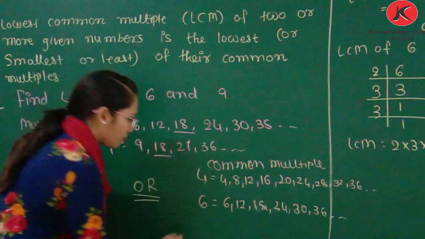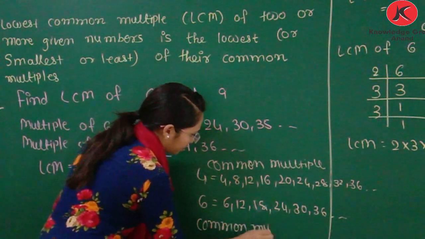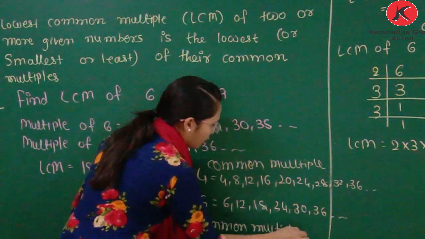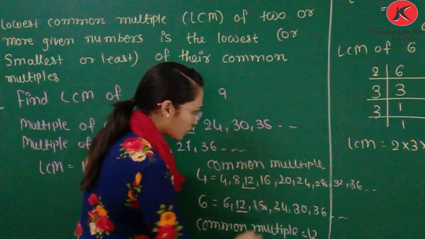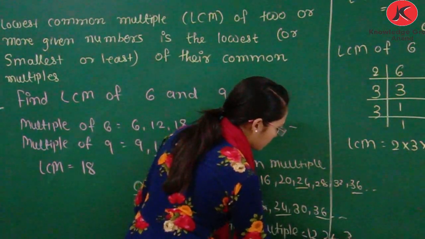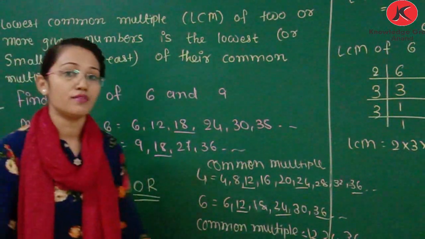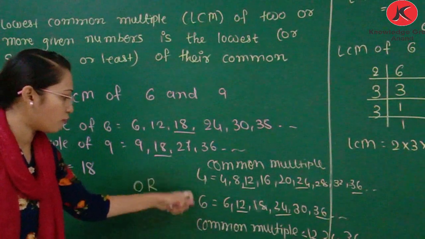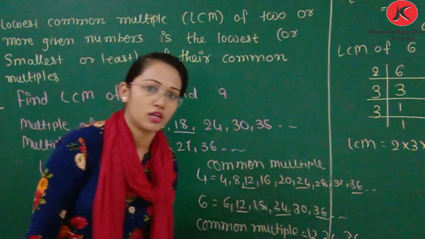Now the common multiples will be 12, 24, 36. This kind of example we already solved in a previous exercise. Common multiples of 4 and 6, likewise, we can find 12, 24 and 36.